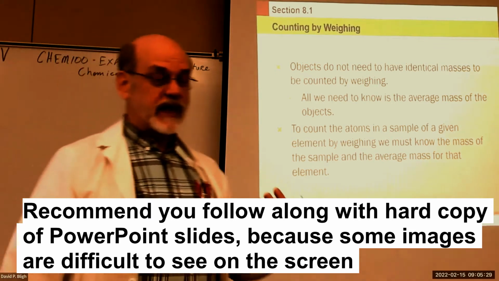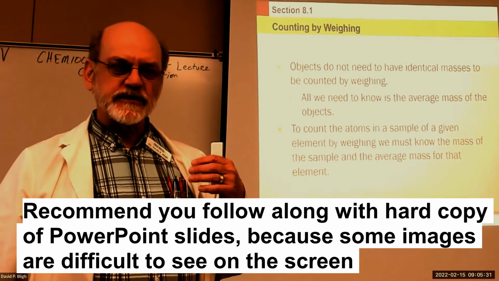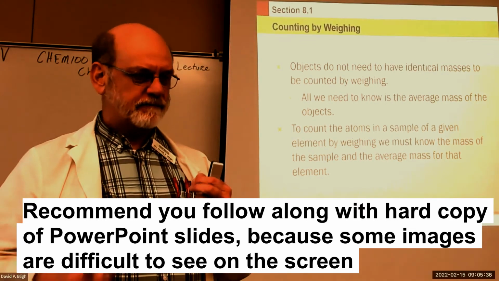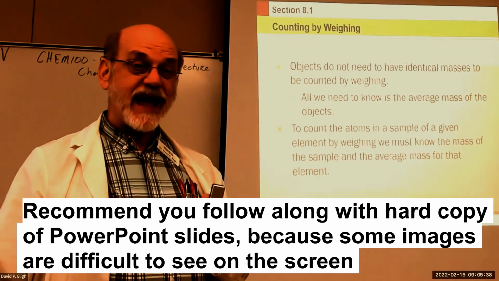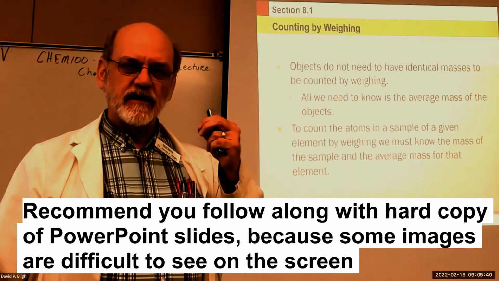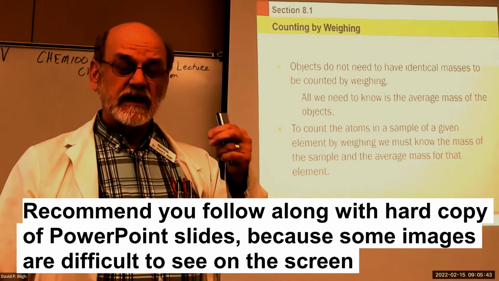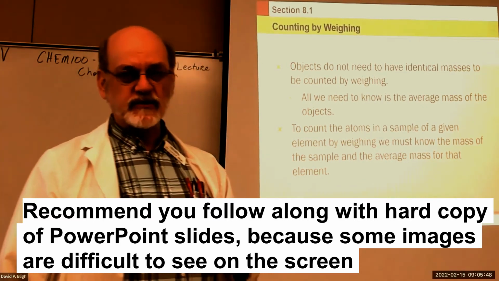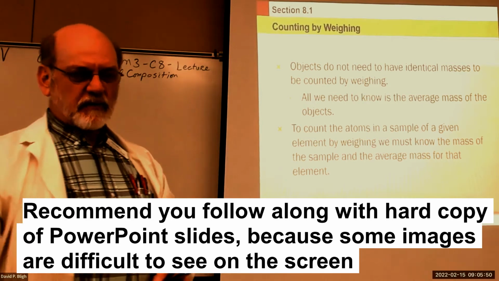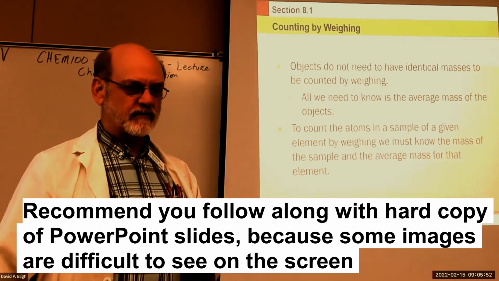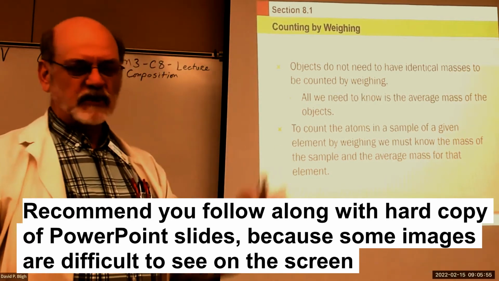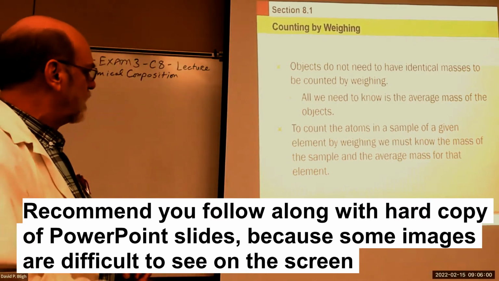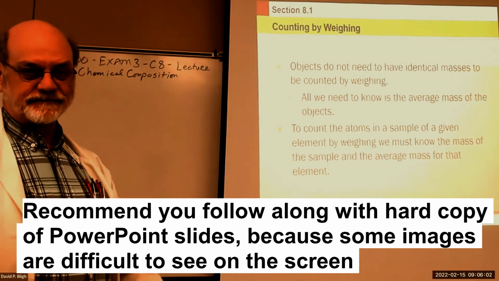Now, of course, we have instruments that process so fast and are so accurate in their measurements and their approach that they can count individual atoms. We have instruments that'll do that. But for most of us in chemistry, we don't have access to multi-million-dollar pieces of equipment to do that. Besides, it takes too long. So we still count by mass.